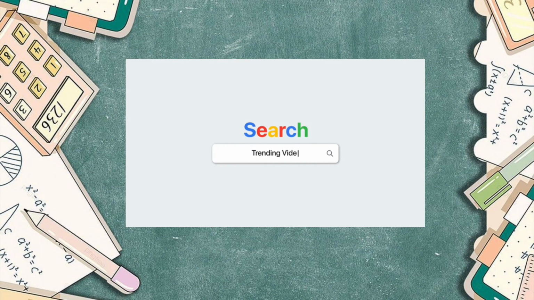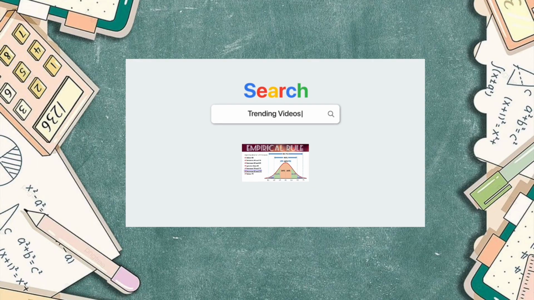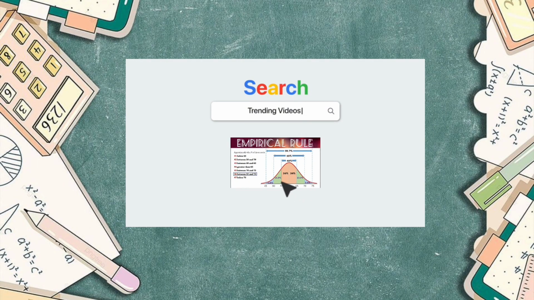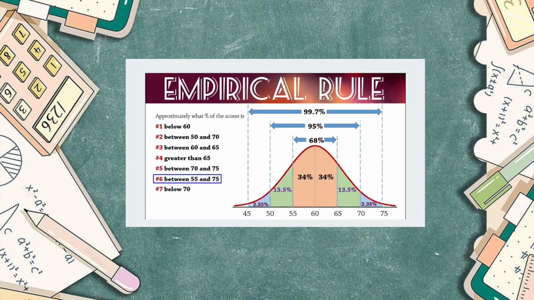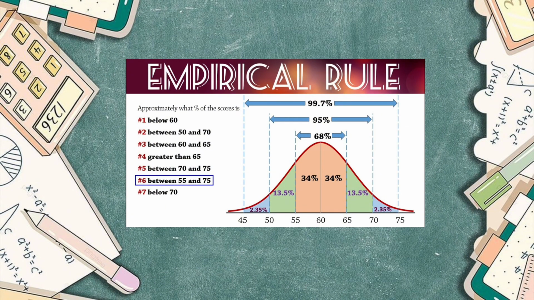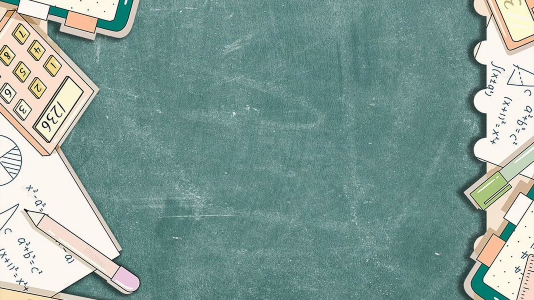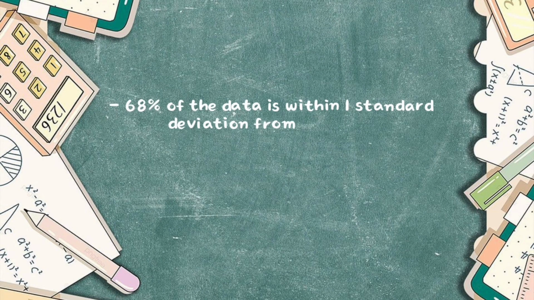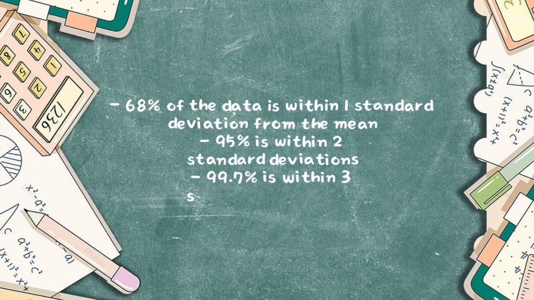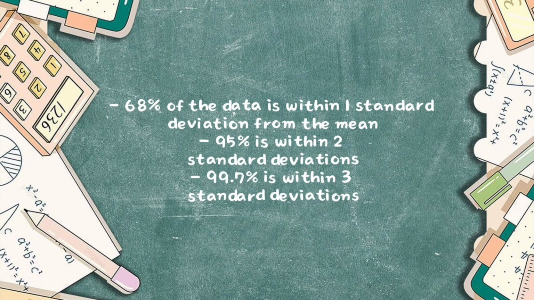The 68-95-99.7 rule. This rule helps us understand how data is distributed in a normal curve. First, 68% of the data is within one standard deviation from the mean. Second, 95% is within two standard deviations.